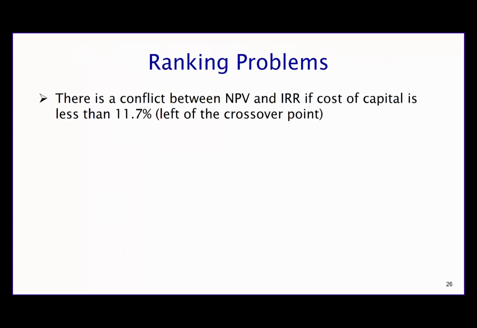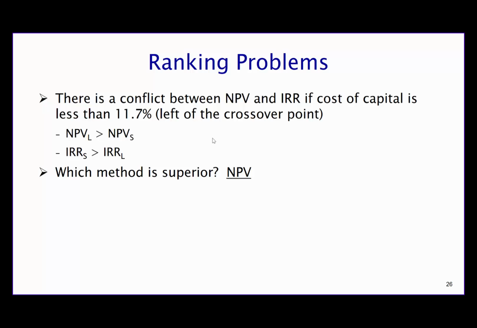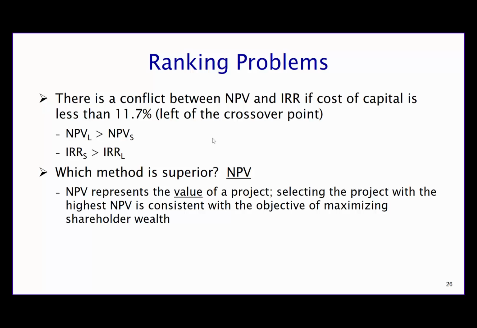Okay, now I'm just going to repeat a number of these points that I showed you while we were on the video. So there's a conflict between NPV and IRR if the cost of capital is left of that crossover point, 11.7%. That's where the NPV for project L exceeds the NPV for project S, but the IRR for project S exceeds the IRR for L. And we've concluded the NPV is the superior method for these mutually exclusive projects because NPV represents the net value of that project.